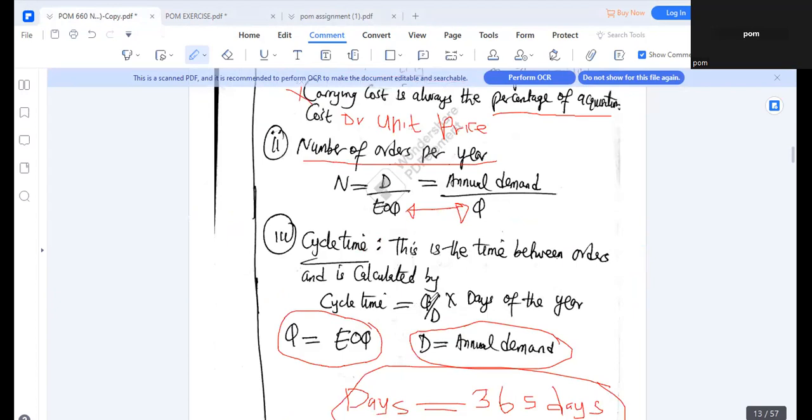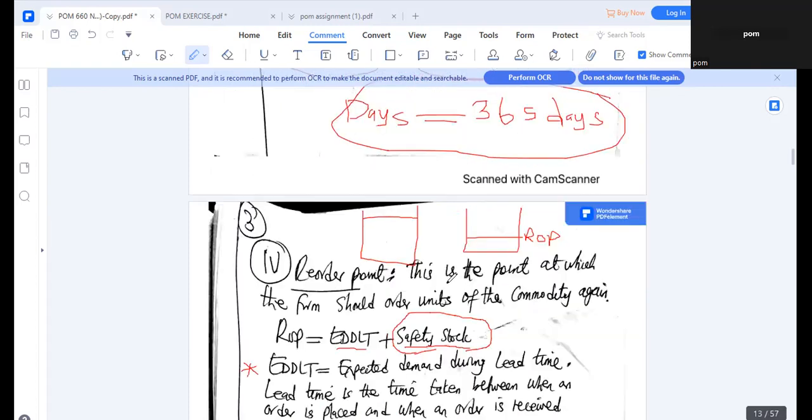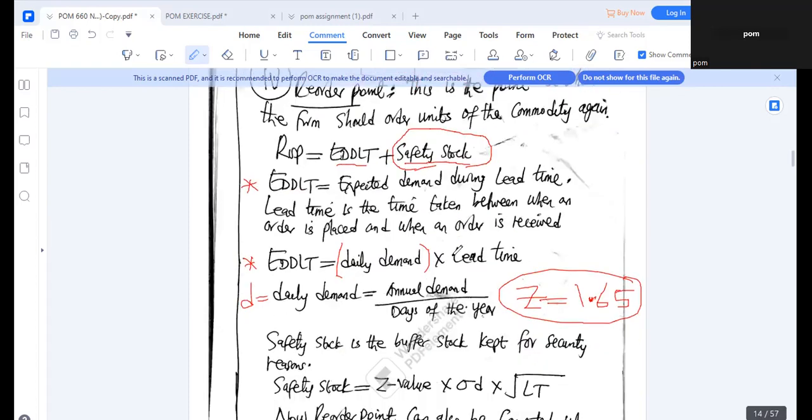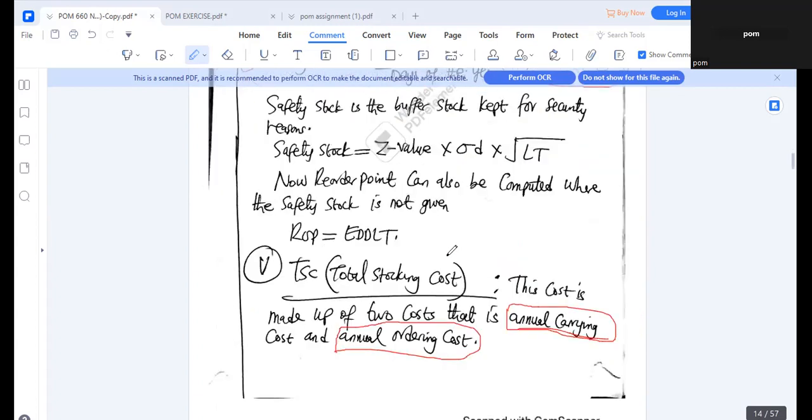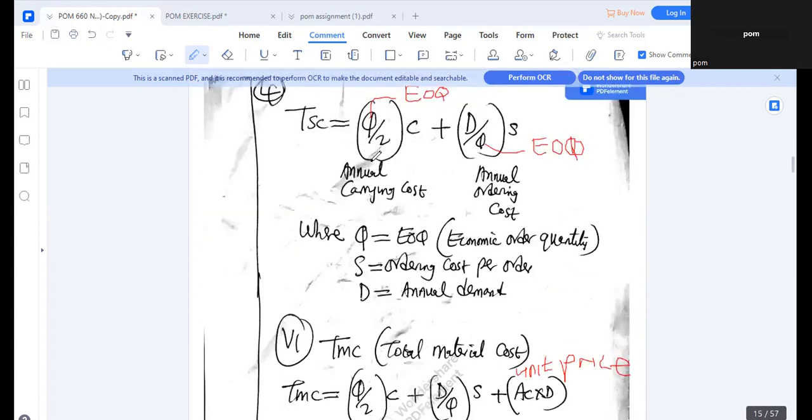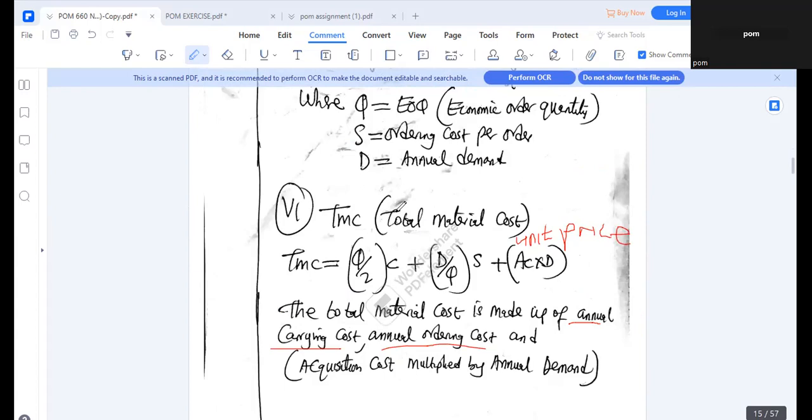The safety stock may also be affected, the total stocking cost may also be affected, and the total material cost may be affected because of Q, which is the EOQ.